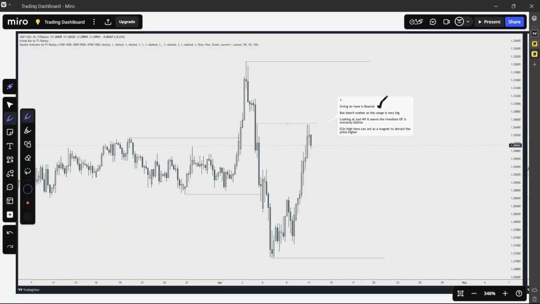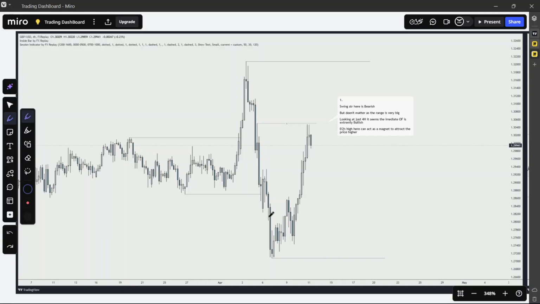The swing structure is bearish, but it doesn't matter as the range is very big. So the thing I was saying here was, see, this structure was really bearish. Despite that, I really like this staged projection.